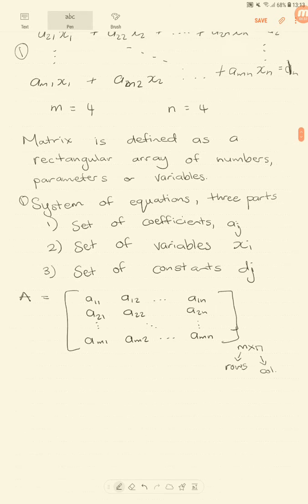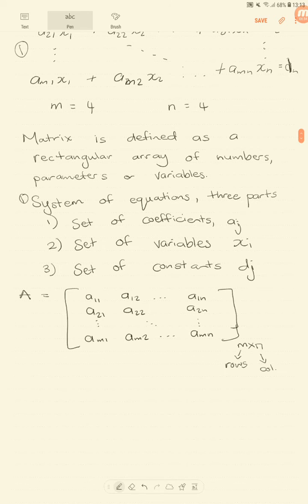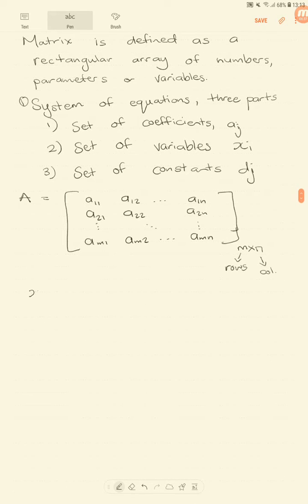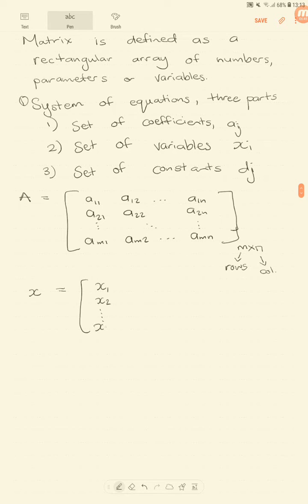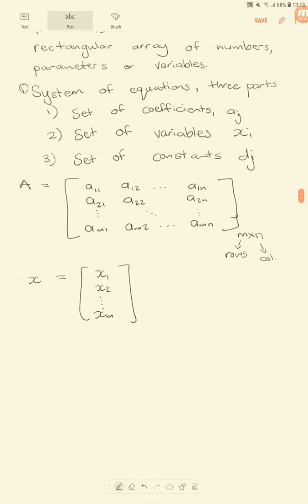Second is our set of variables. In this case, we have x equal to x1, x2, all the way down to xn. And our set of constants, d, is equal to d1, d2, up to dm.